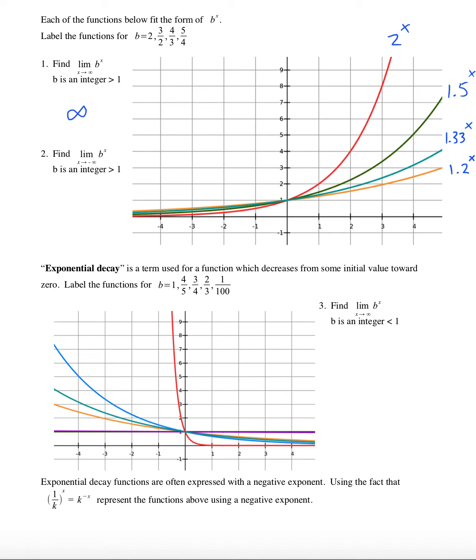Now, what is the limit of the function b to the x when x is headed toward negative infinity? That's going to the left. What are they headed toward? 0. So on the right side, they're growing without bound. On the left side, they're heading toward an asymptote, where their y value is heading toward 0.